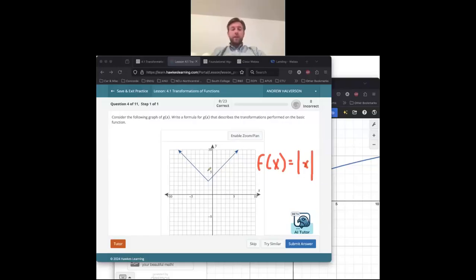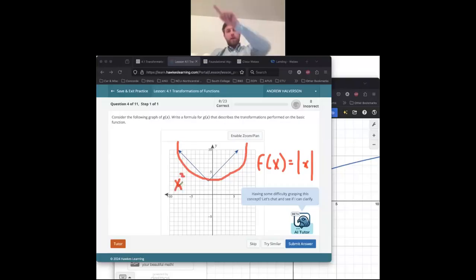When you see a sharp V like this, that's absolute value. That's in contrast to the soft swooping U, which is x squared. The swooping U, the parabola, is x squared, whereas the sharp V is absolute value.